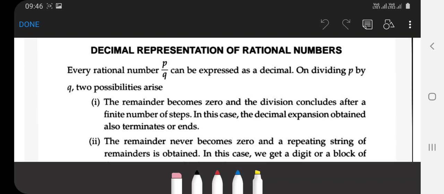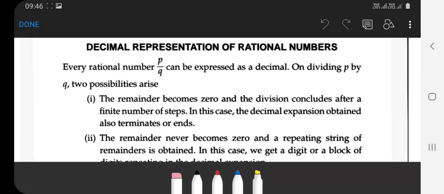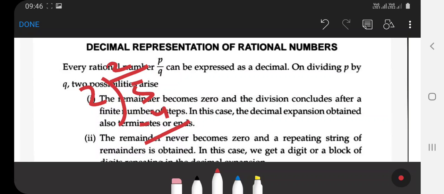Suppose 2 divides 5: 2 twos are 4, remainder 1, decimal 0, 2 fives are 10. So the remainder is 0. Here the remainder is 0. That means if the remainder is 0, your division has ended or terminated. Clear?